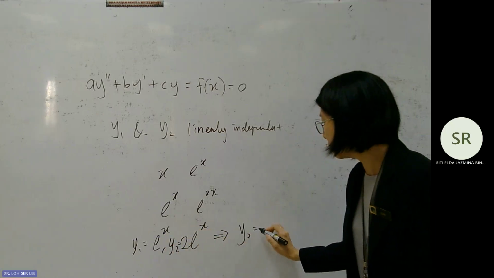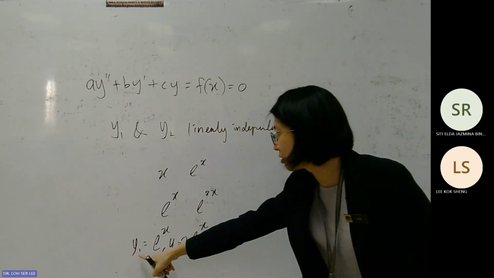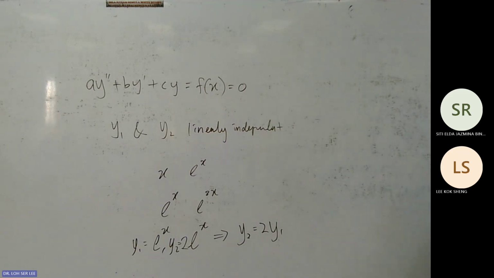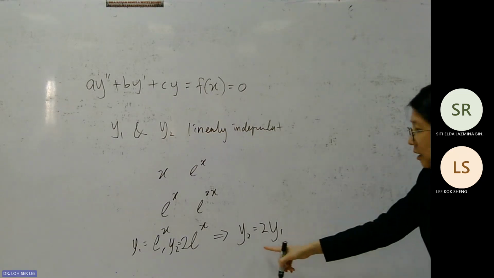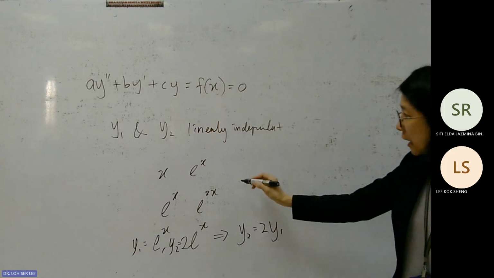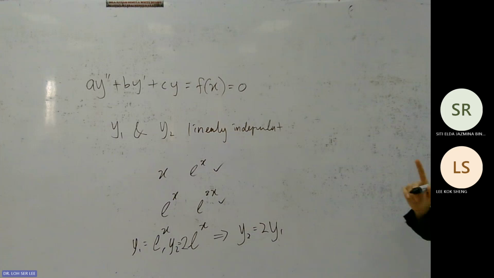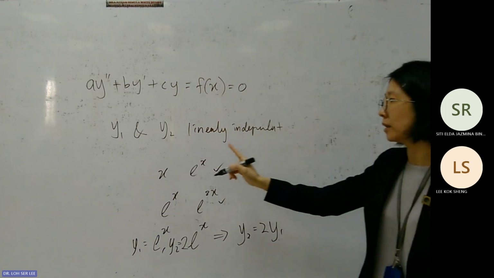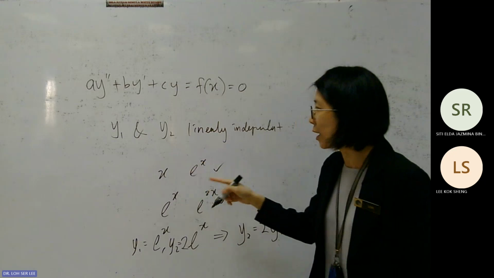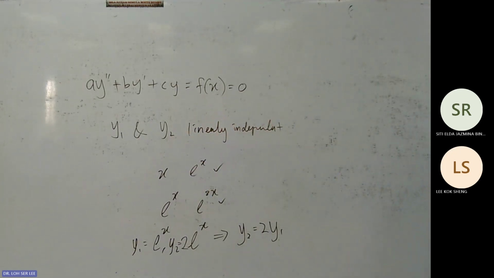So y2 is 2 times y1, right? This is linearly dependent, meaning they depend on each other. Linearly independent means we can't find a relationship between y1 and y2. These are the solutions that we want: y1 and y2 linearly independent.